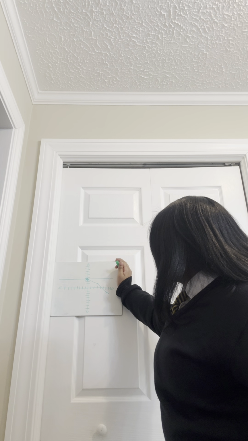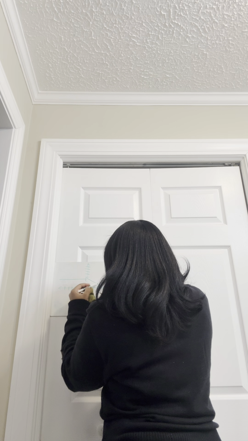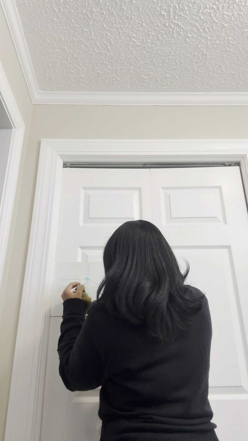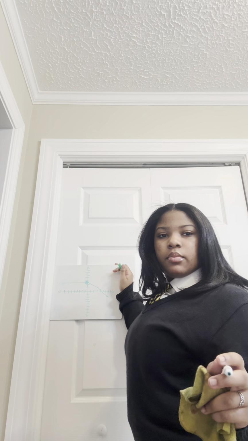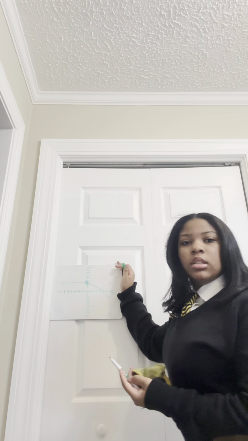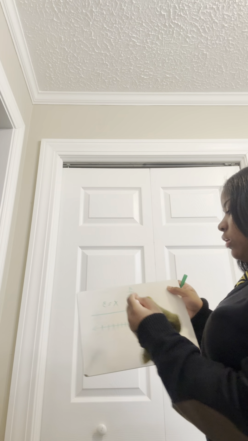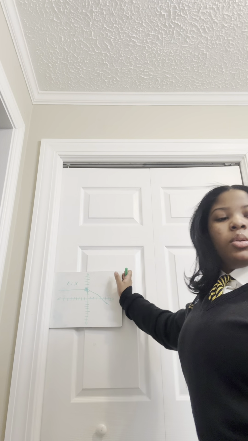So I think I'm gonna erase everything, up until like this point, and I'm just gonna leave it like this. And this is x equals 3 right here, and this is the first one that I did. So now the next one that I'm gonna do is this last one over here.